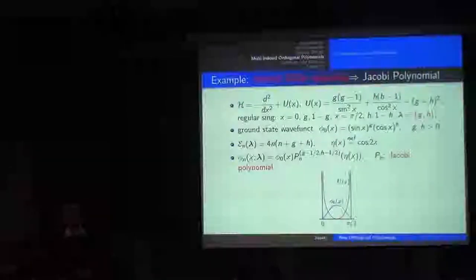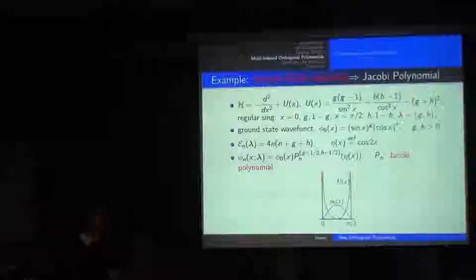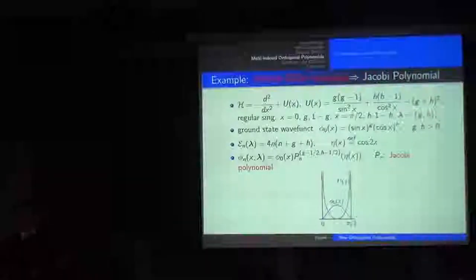And when you look at this, just forget about the constant part. This potential is definitely invariant when you change g to 1 minus g, or h to 1 minus h. But this is a symmetry of the potential, but it is not a symmetry of the eigenfunction, right?